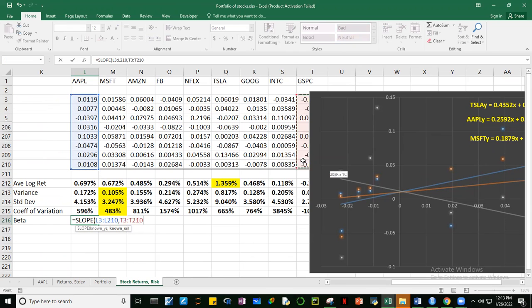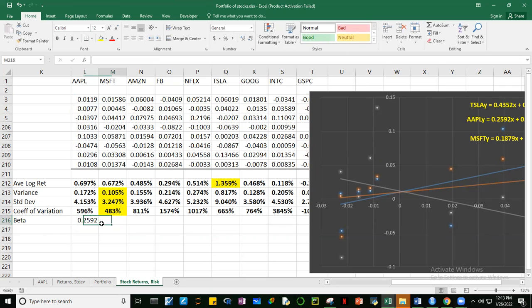Yung GSPC. Again guys, si GSPC siya yung nasa X-axis. Okay, and then i-fix natin kay GSPC yung column. We want the column to be fixed, not necessarily the row, kasi we're going to copy this along the row. So hindi naman magbabago yung row position natin sa pag-copy ng formula. Okay, so Control Enter. All right.